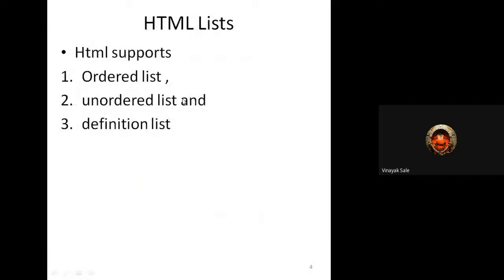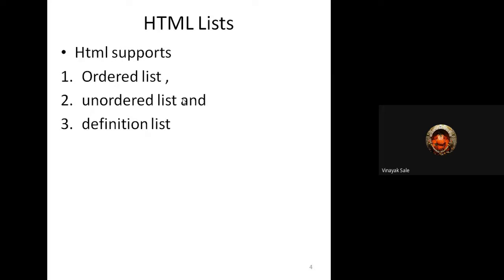Then we'll see the next point, HTML lists. There are three types of list: ordered list, unordered list, and a definition list. First tell me what is a list. Suppose when you want to go to the supermarket, you bring a list, then tell me the general definition of list.